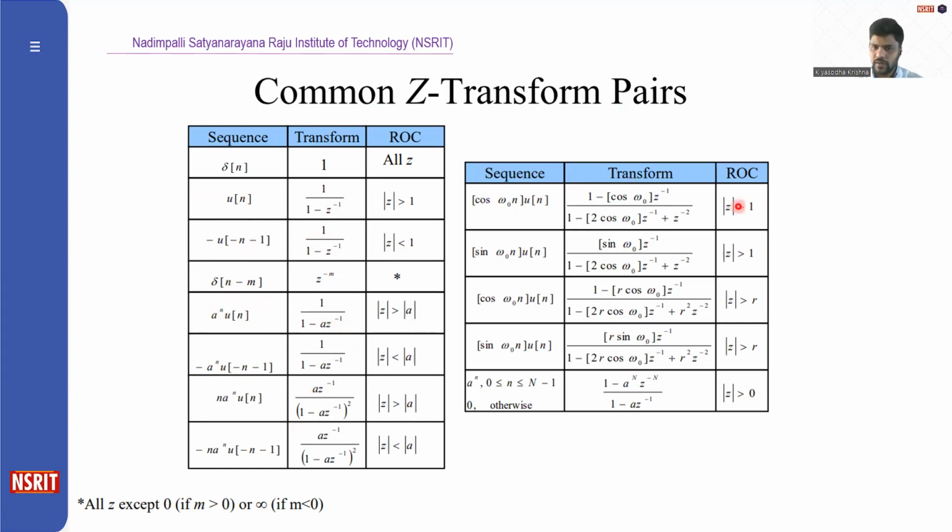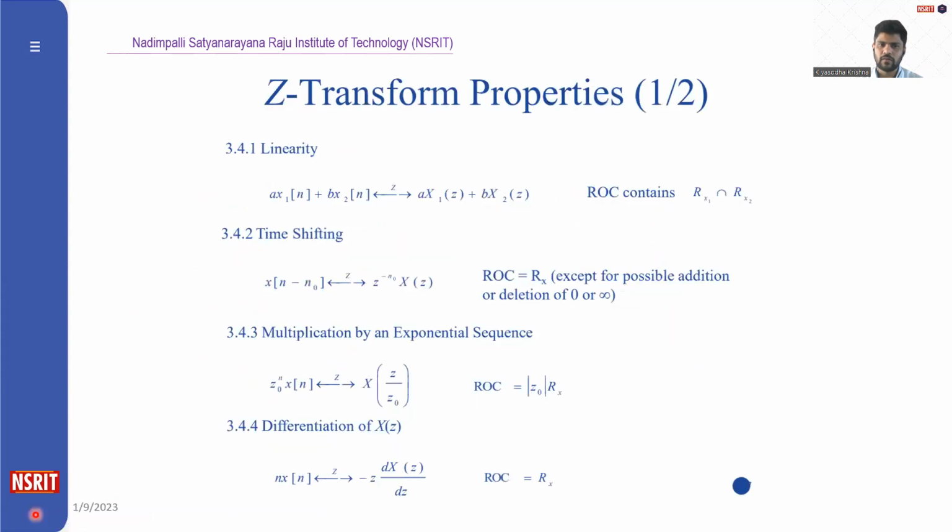And next class, we will derive some of these, like u of n, maybe delta of n minus 1, and some properties that we can conclude.